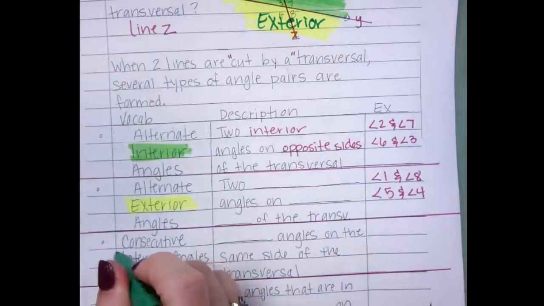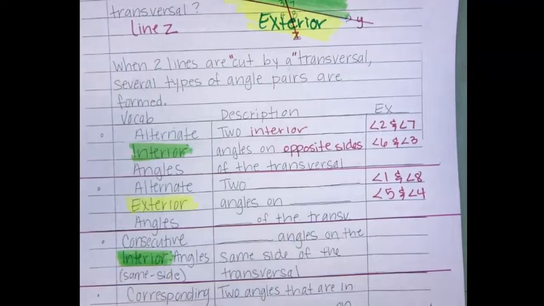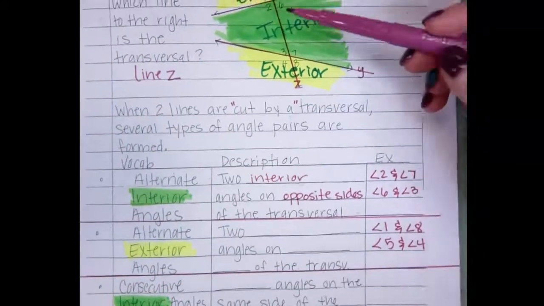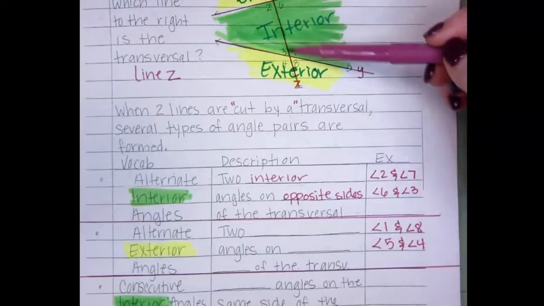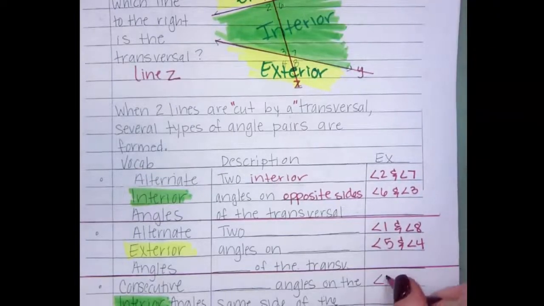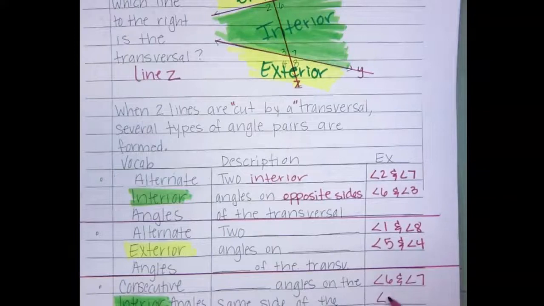So when we know they have to be interior, okay, consecutive means one right after the other or right next to each other, and they have to be same side. So if we look here, interior angles that are on the same side of the transversal, those would be 6 and 7 or 2 and 3.